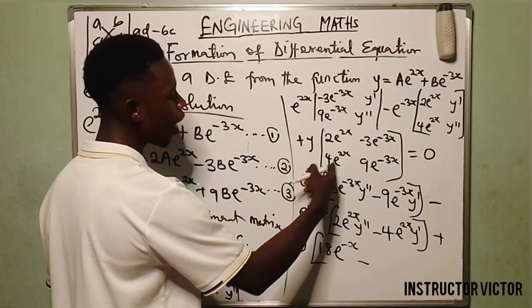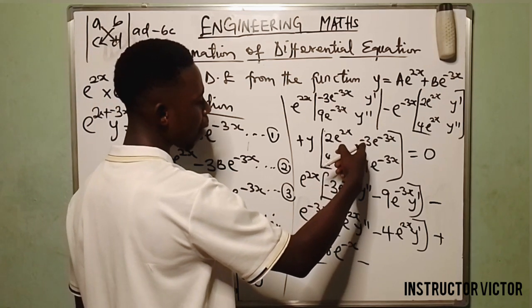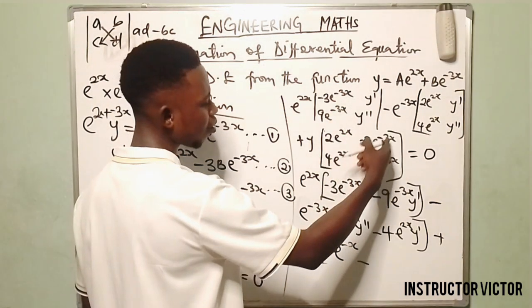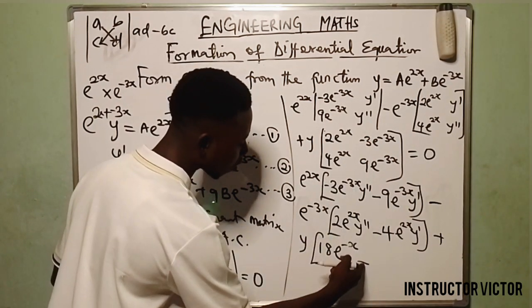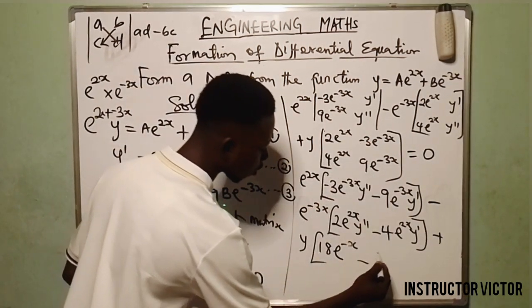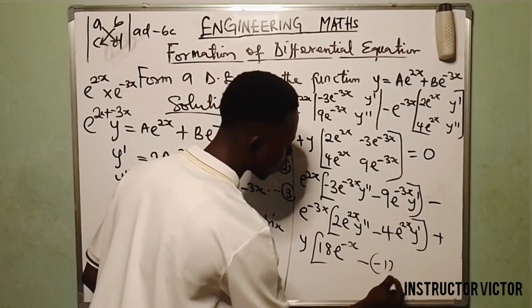Minus 4 exponential 2x multiplied by minus 3x exponential 2x. Therefore, you will have minus and minus, but let's just keep it aside. Minus 4 times 3 will give us 12.